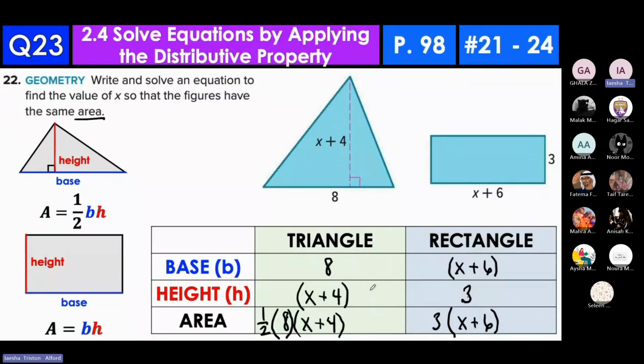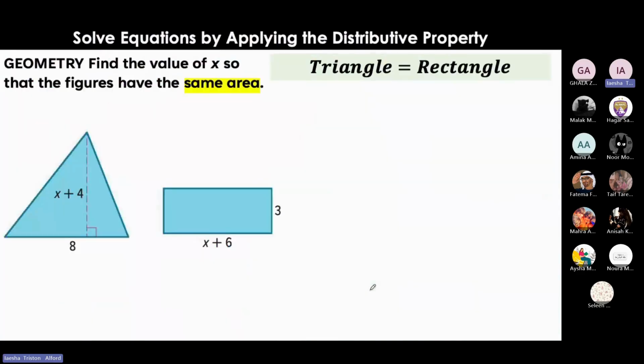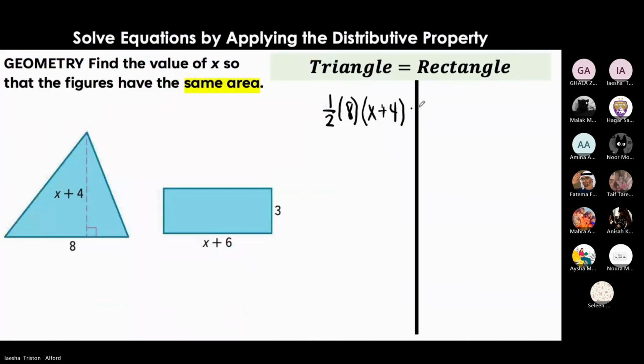So once you have this, we're ready to solve. Our triangle was 1/2 times 8 times x plus 4. The rectangle, 3 times x plus 6.